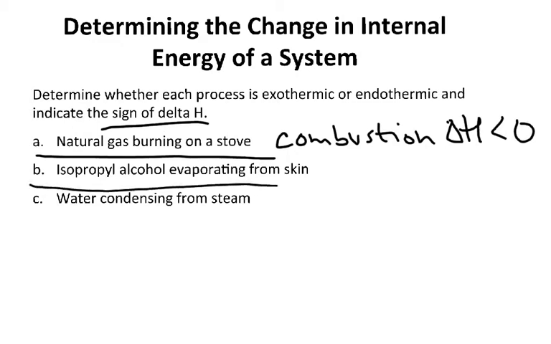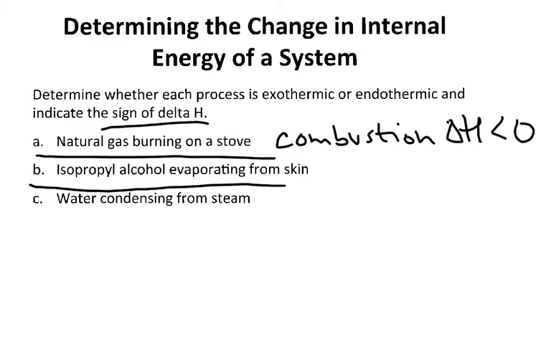So let's consider B, isopropyl alcohol evaporating from the skin. So isopropyl alcohol is just rubbing alcohol. So if you think about isopropyl alcohol at room temperature and the temperature of your skin, the temperature of your skin is warmer than the isopropyl alcohol.